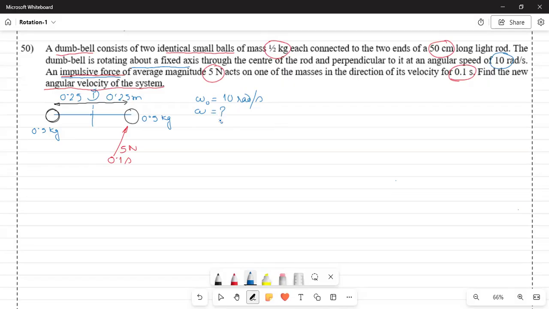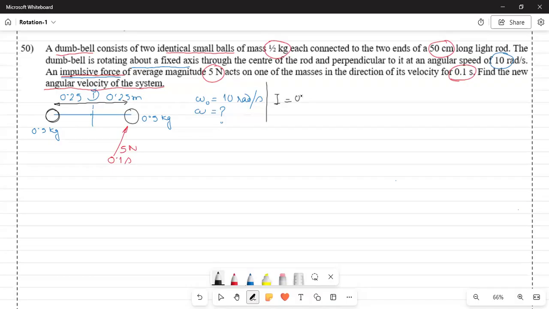Once you understand what is an impulsive force, solving the problem is very easy. Let us first find the moment of inertia of the system. That will be necessary anyway. Moment of inertia of the system is equal to mr square plus mr square, both same.